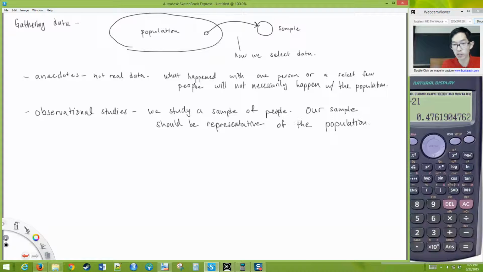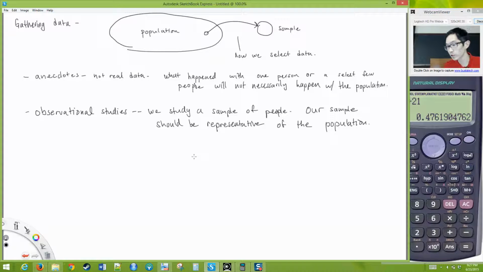So maybe you are interested in the effects of a drug on childhood cancer. Your population would then be all children with cancer. And your sample will be a selection of children with cancer, and you're hoping that that selection of children will be representative of all children with cancer. That's kind of a sad subject, but it happens and it's important research.